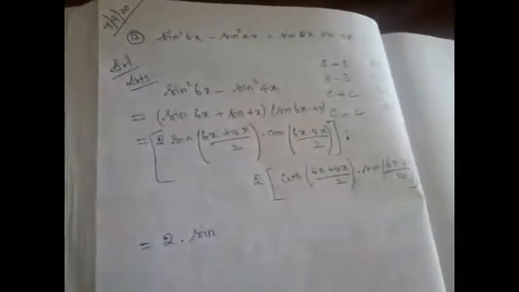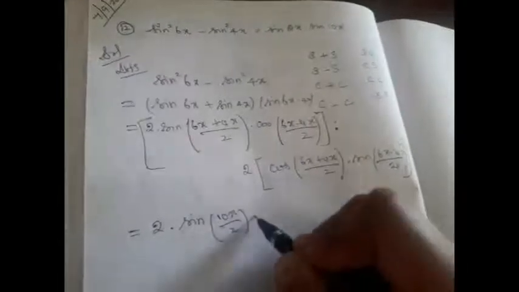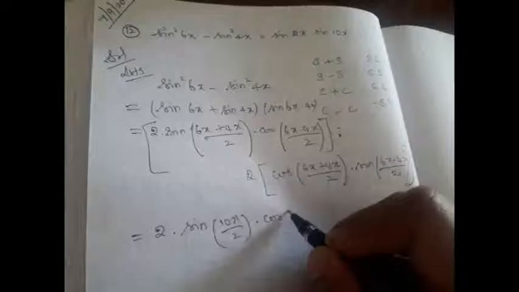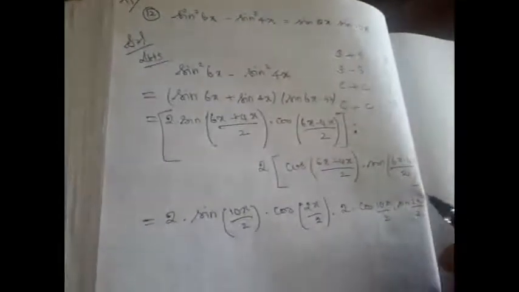Now simplify it. This will become 2 into sine of 6x plus 4x is 10x divided by 2, into cos of 6x minus 4x is 2x divided by 2, into 2 into cos of 10x divided by 2 into sine of 2x divided by 2.